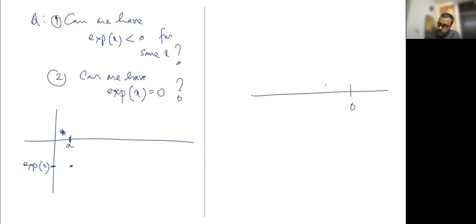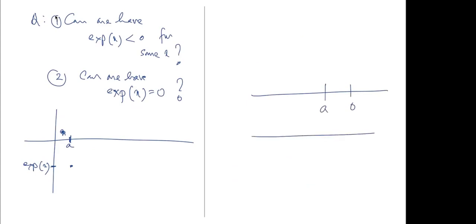Okay. So we know that 0 is greater than a. So exponential x into exponential minus x will be 1.